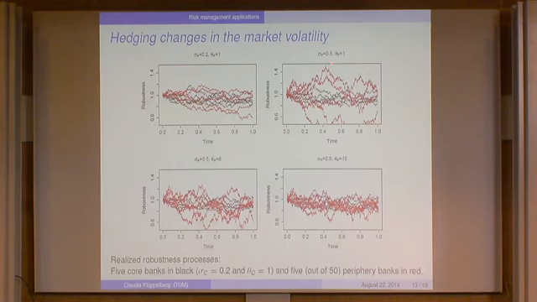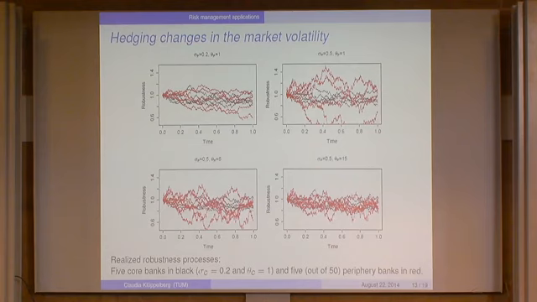So what happens? A core bank has big risk management departments and clever quants, so maybe they can hedge away this increase in market volatility and remain with the old parameters. A periphery bank, however, doesn't have these clever people and doesn't have the means to do that.